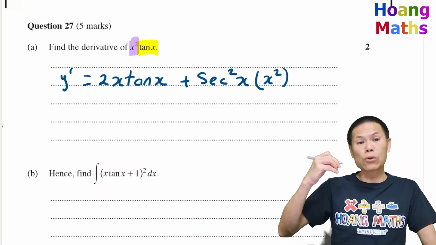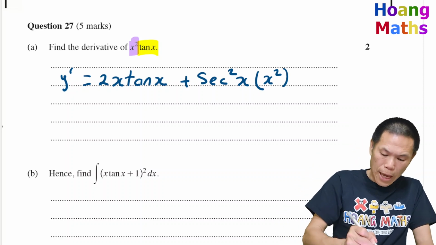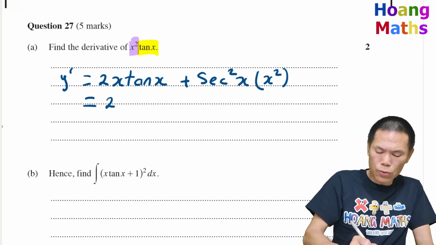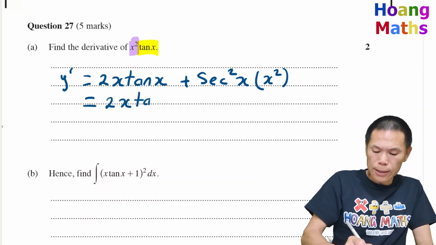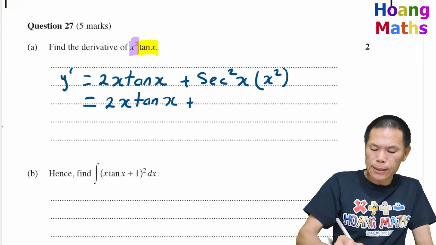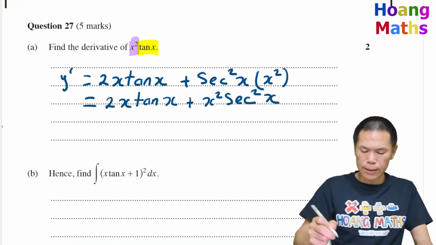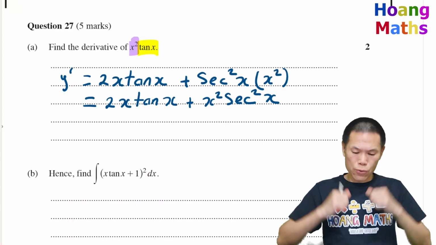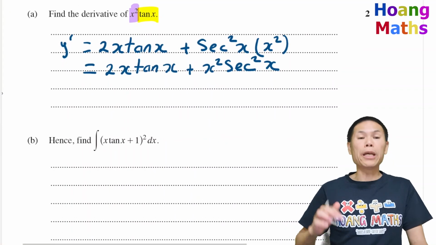Now we just tidy this up. That is equal to 2x tan x plus x squared sec squared of x. So there you go.